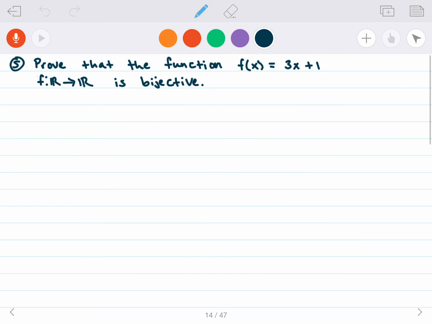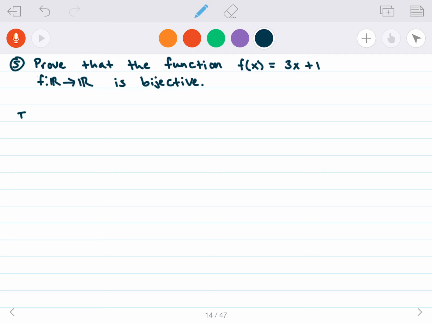All right. So the next kind of proof that you'll encounter is function proofs. Maybe you've seen this in discrete, but if we want to prove something is bijective, remember by definition we're trying to show it's injective and surjective. That's what bijective means.